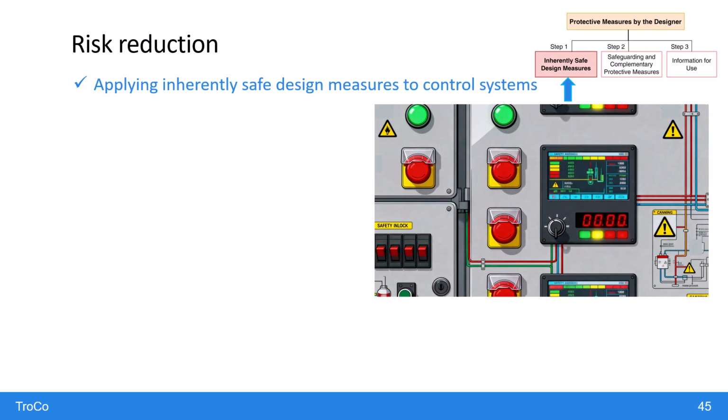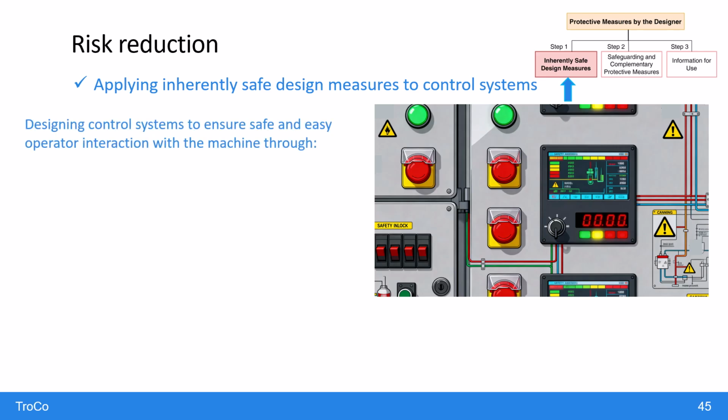Let's now look at an important topic, applying inherently safe design measures to control systems. The control system must be designed so that its safety-related performance provides a sufficient level of risk reduction as defined in ISO 13849 Part 1 or IEC 62061. In essence, the control system enables the operator to interact with the machine safely and efficiently.